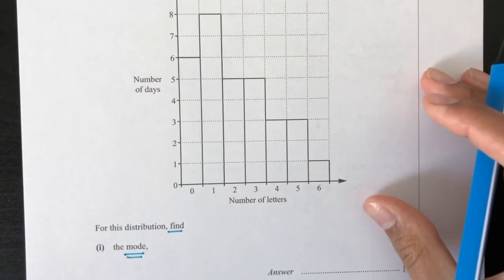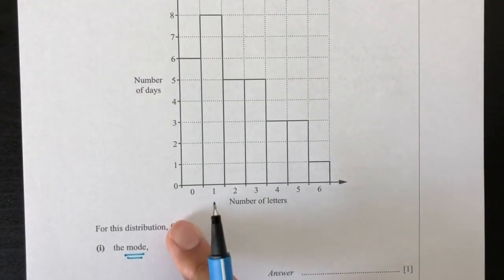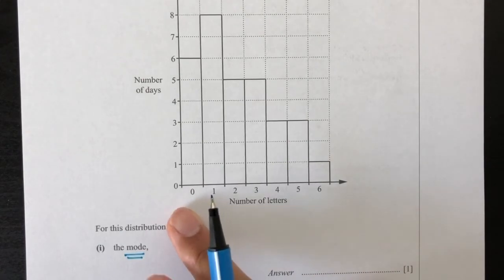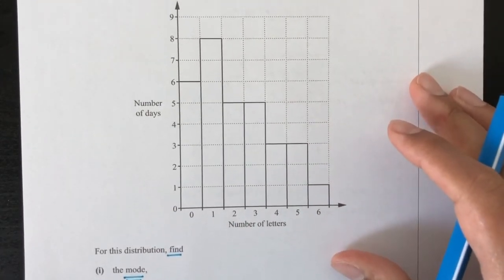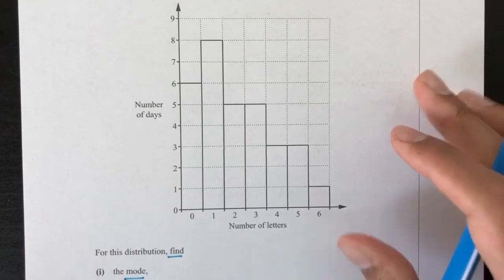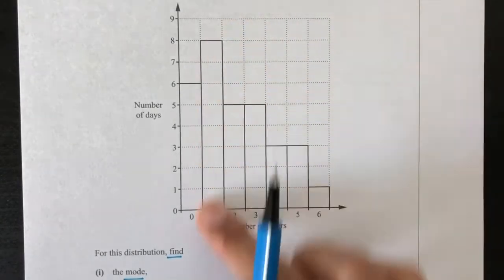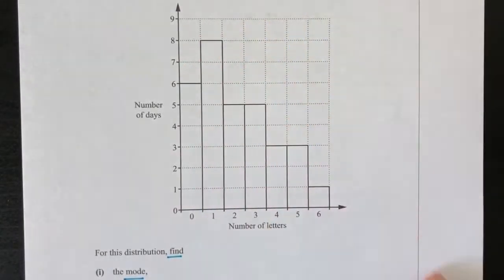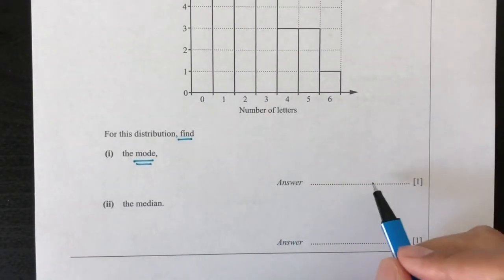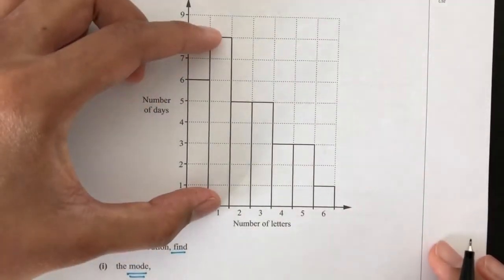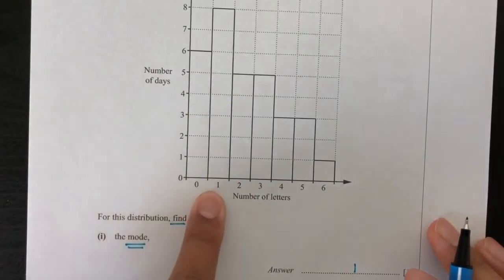So where we have the maximum, as you can see, number of days is 8 for the max, and this is 1. So here you go. This is your mode. Your mode will be 1 because we have to look at the maximum and find the corresponding value of letters.